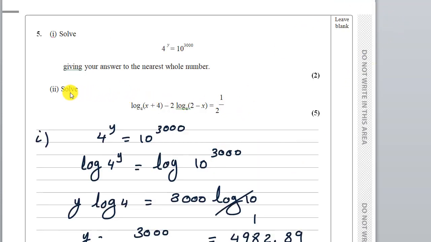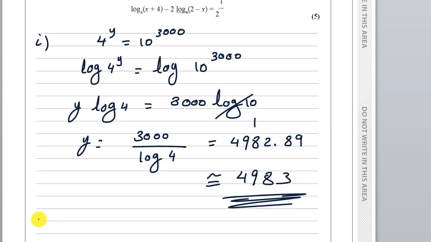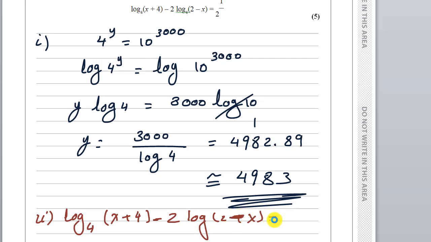Now solve log base 4 of (x plus 4) minus 2 log base 4 of (2 minus x) is equal to half. This is part II. So log base 4 of (x plus 4) minus 2 log base 4 of (2 minus x) is equal to half.